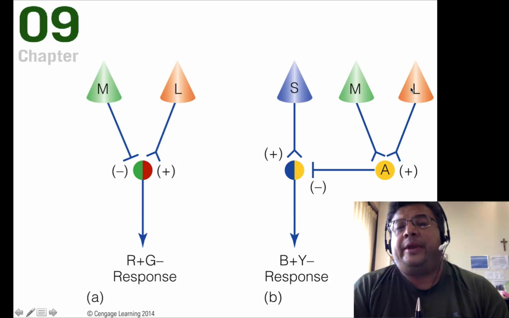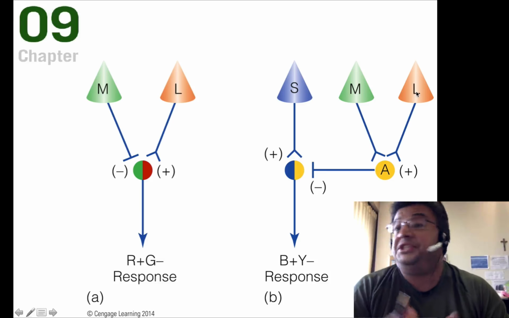Whenever green or red is perceived, it stimulates this neuron here, but then this neuron goes and inhibits this neuron. The end result being whenever something in between the medium and long wavelengths is perceived, that is yellow.